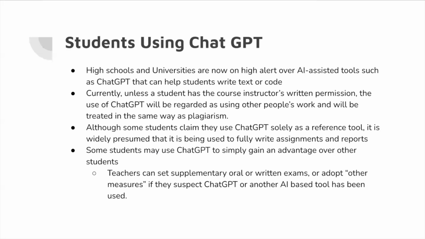Although some students claim they use ChatGPT solely as a reference tool, it is widely presumed that it is being used to fully write assignments and reports. Some students may use ChatGPT to simply gain an advantage over other students. Teachers can set supplementary oral or written exams or adopt other measures if they suspect ChatGPT or any other AI-based tool is being used.